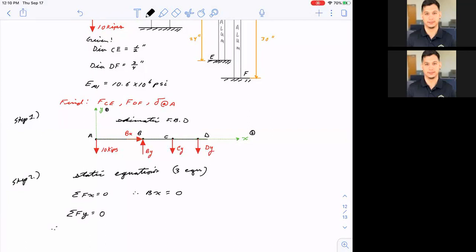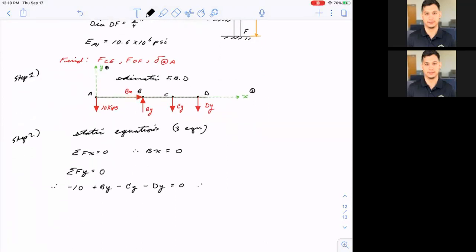So therefore, we have negative 10 plus By minus Cy minus Dy is equal to 0.